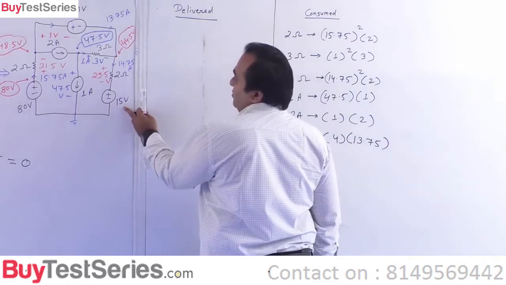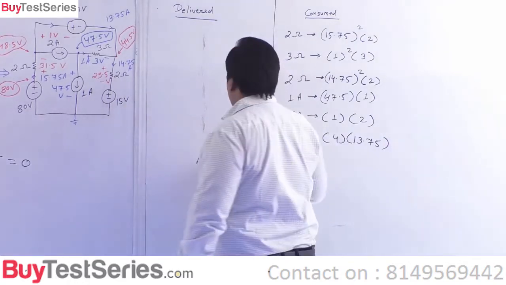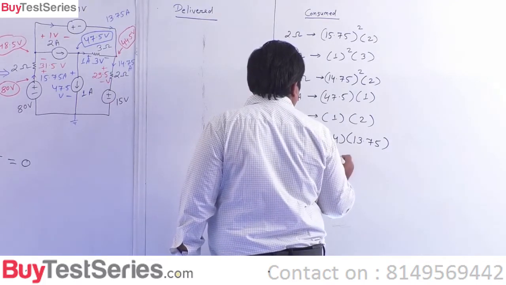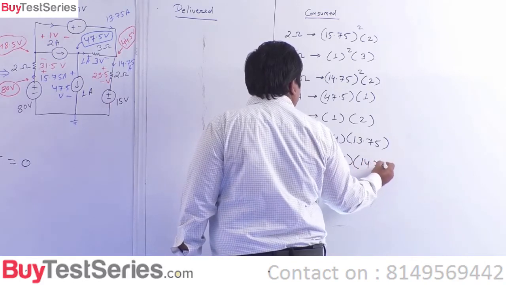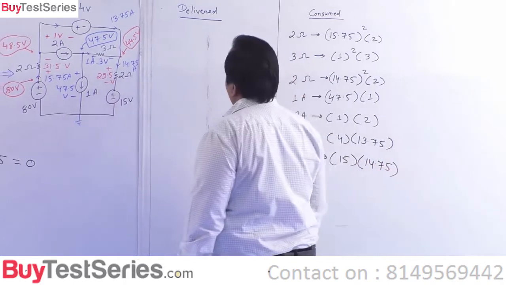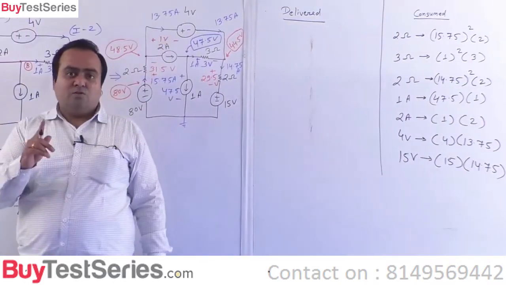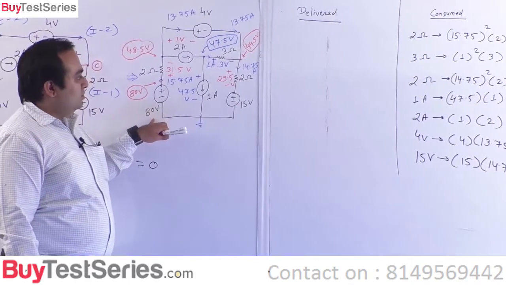Look at this 15 volt source, which is at the extreme right. This 15 volt voltage source is also consuming, it is consuming 15 into 14.75, this much of amperes. Is this okay? There is only one source which is delivering here, and it is this 80 volt source.